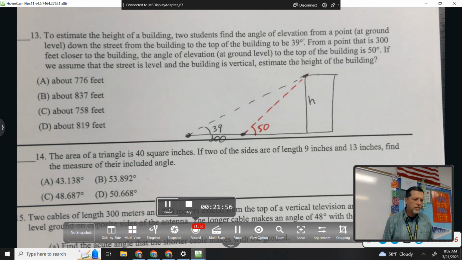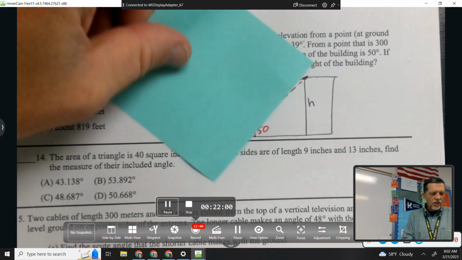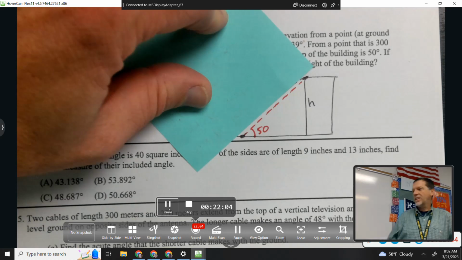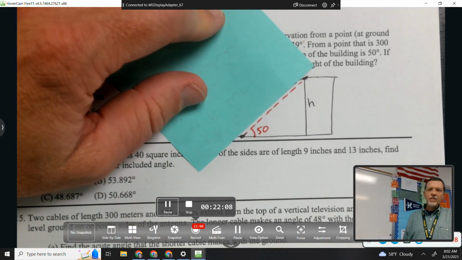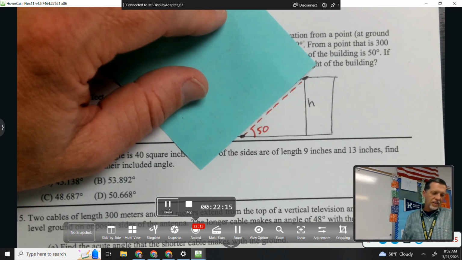So if I only look at this triangle, I don't think I have enough information. I don't have enough information if I only look at it, there's no side lengths in there. So that's the triangle I like, but there's nothing there, so I don't know if that helps me a whole lot.